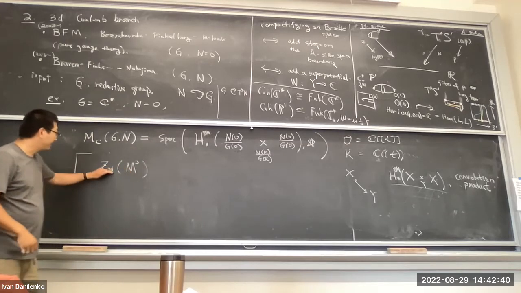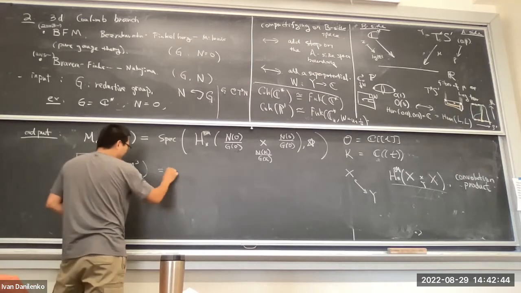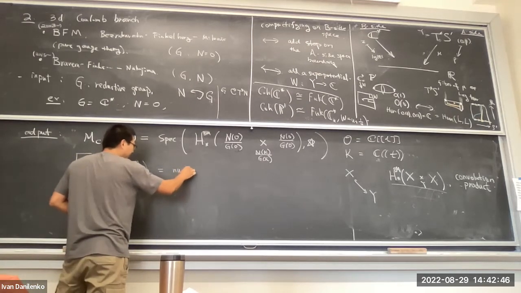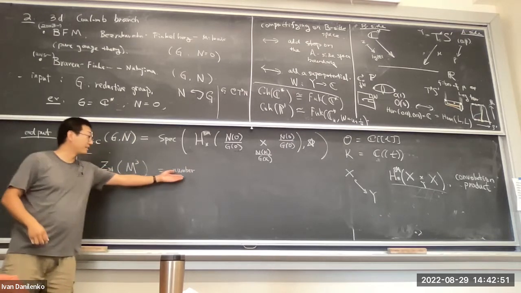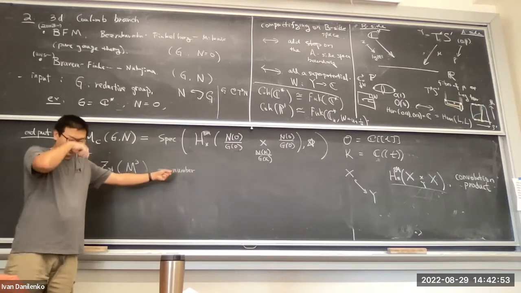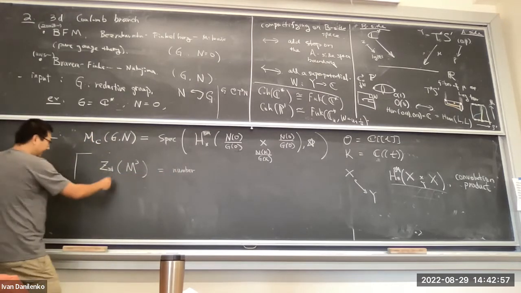If I give you some 3D TFT, if you input a three-manifold, say a closed three-manifold, I'm supposed to get a number. But maybe it's not going to be a number, maybe it's not finite, I have to use a polynomial to represent that.